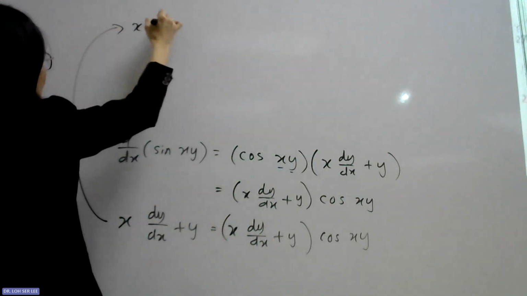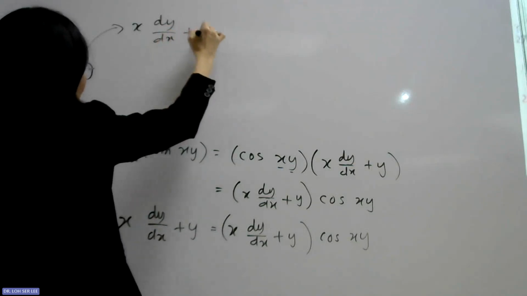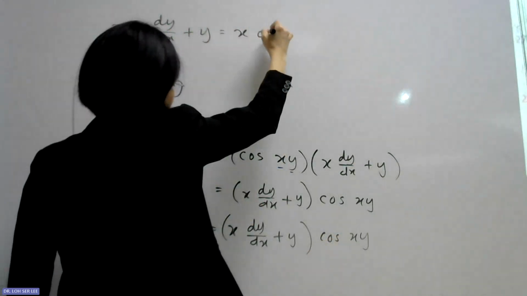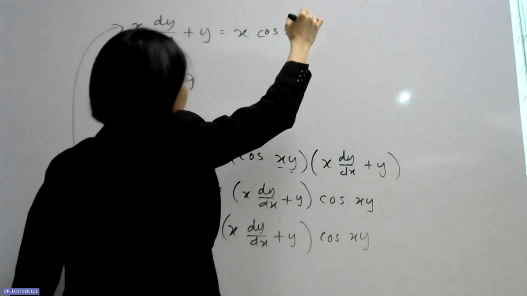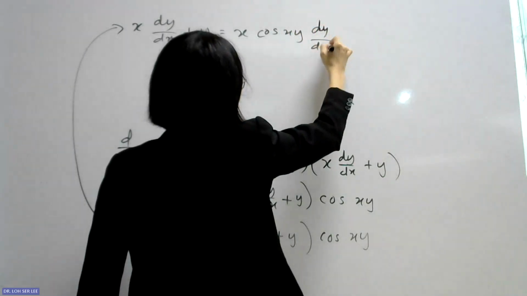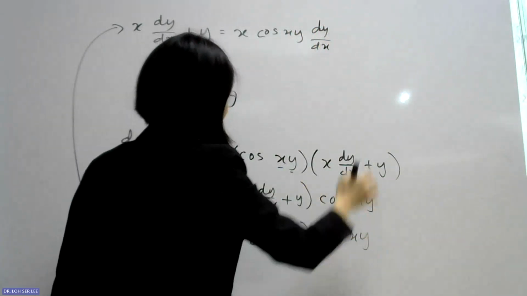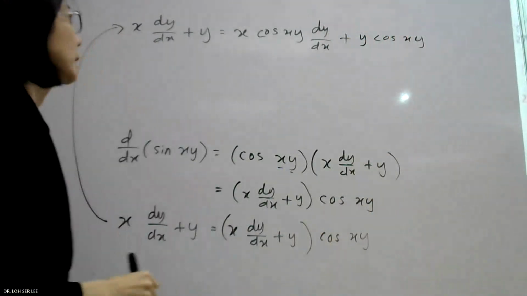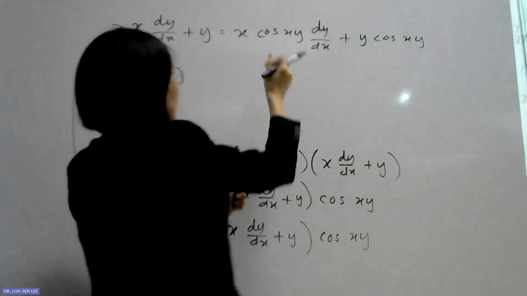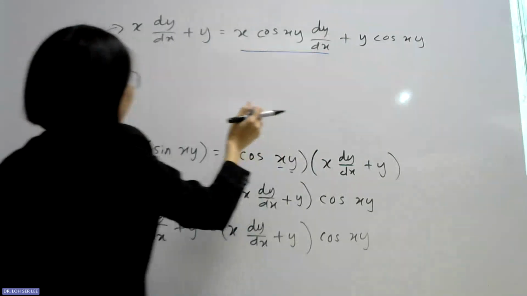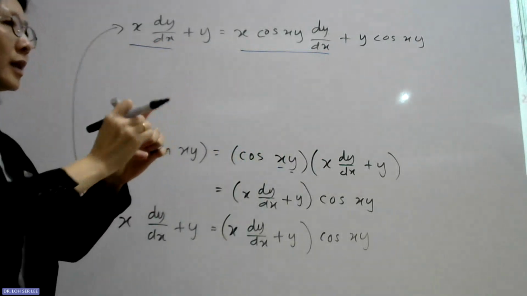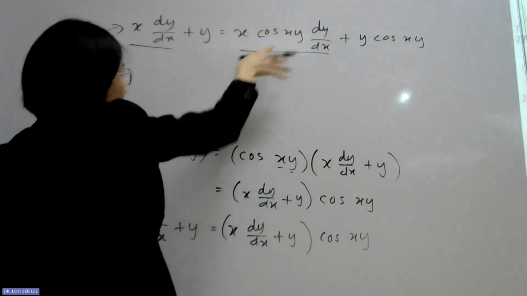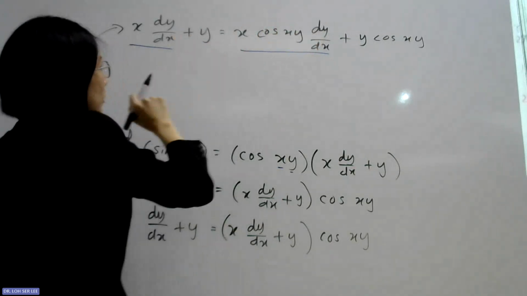So x dy/dx plus y equals x cos xy dy/dx plus y times cos xy. The terms that contain dy/dx, we group on the left. So this one moves to the left, this one we move to the right.